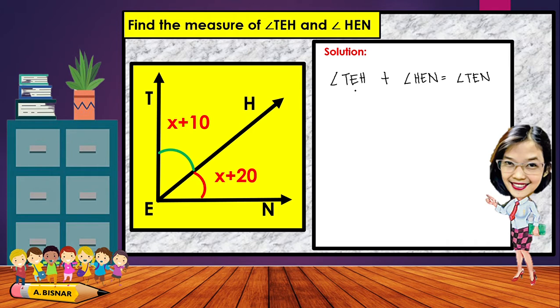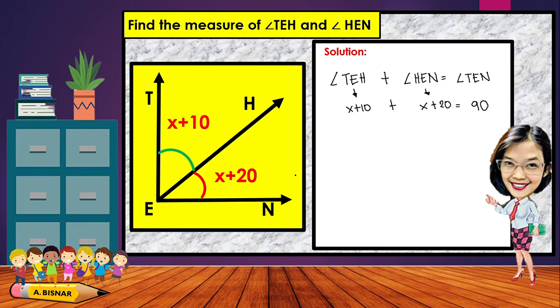The measure of TEH is x plus 10, while the measure of angle HEN is x plus 20. How about the measure of angle TEN? Well, TEN is a right angle, and since it is a right angle, then it is equal to 90 degrees.